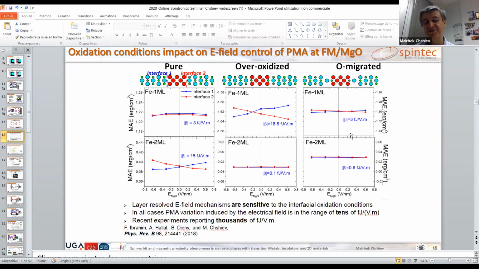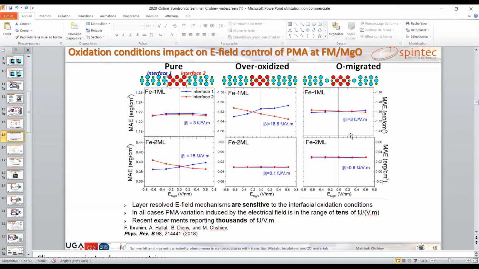We discussed with our experimental colleagues how this should be calculated, and for the moment we are not convinced that you should really do that. But the charge-mediated value we are getting, for the over-oxidized case and for the pure case, is comparable. Only the origin is different, meaning the contribution of one or the other, but the values are similar.